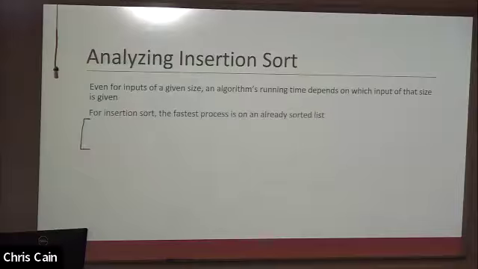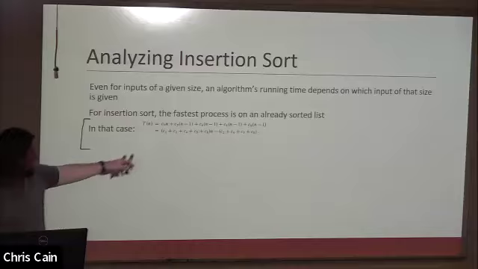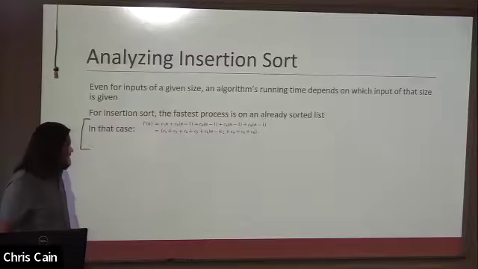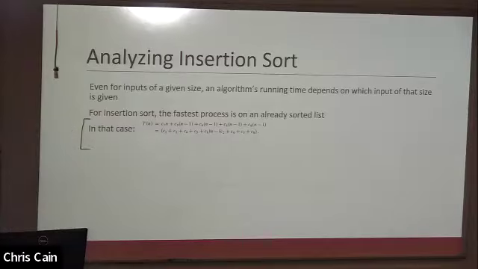So we already know how insertion sort works. Fastest process is an already sorted list, so we can immediately plug in for that. And we get, after some simplifying, C1 plus C2 plus C4 plus C5 plus C8 times n minus C2 plus C4 plus C5 plus C8.